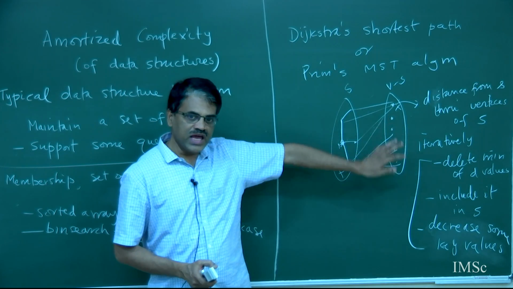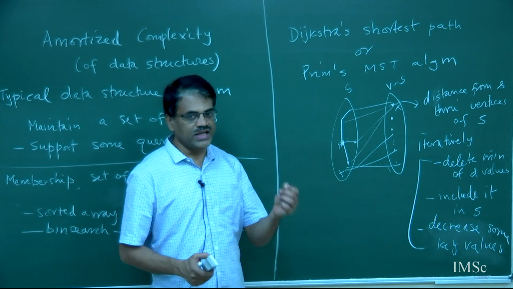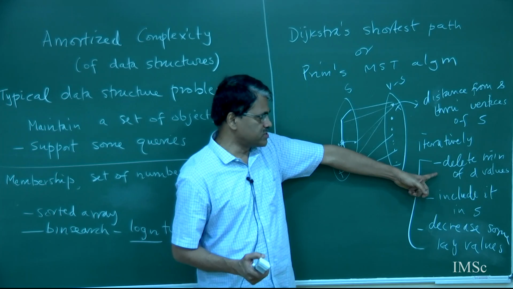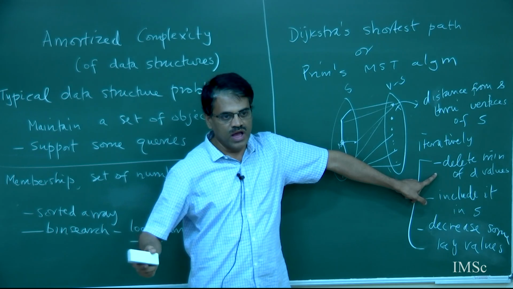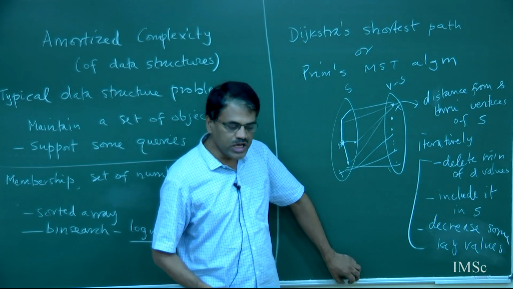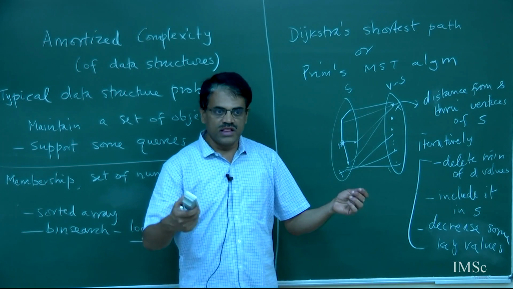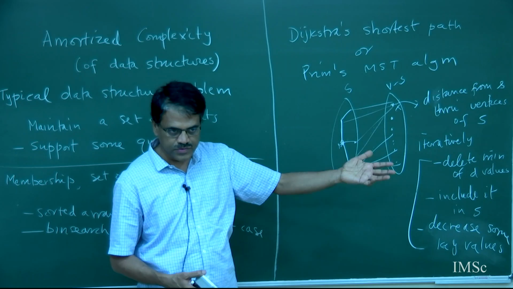Now in this case, my goal is not necessarily the worst case running time for one of these operations. I don't care about one delete min taking a long time, as long as the sequence of n operations takes very little time, then I have a good running time for Dijkstra's shortest path and Prim's spanning tree. Okay?